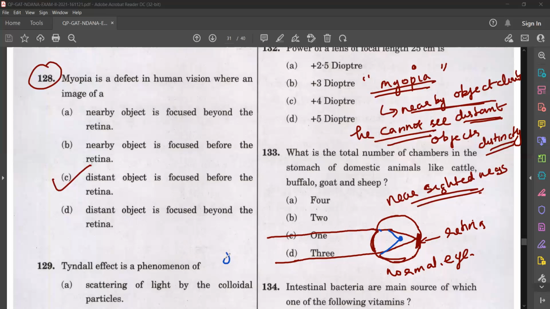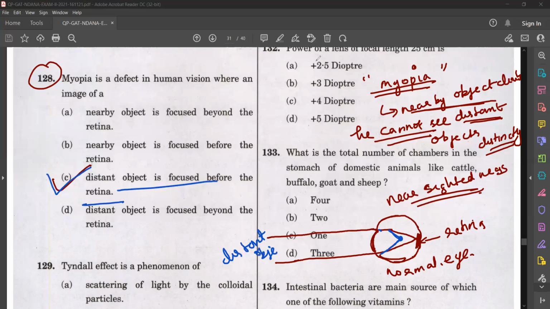Image of a distant object will be formed before the retina. So the answer is option C, before the retina. Distant object is focused before the retina. That's why he is unable to see. Okay.